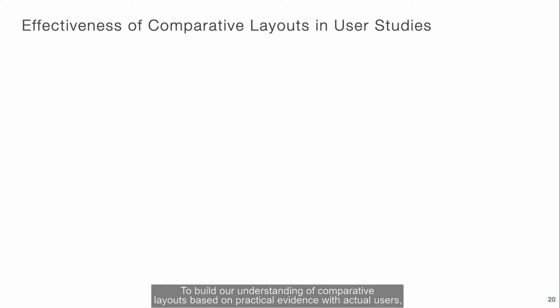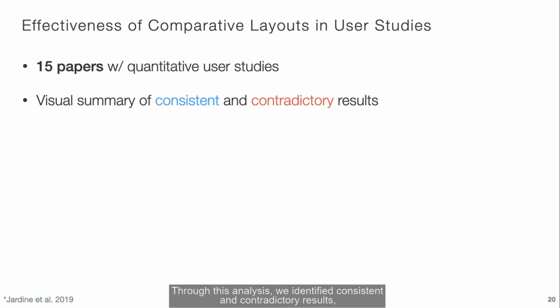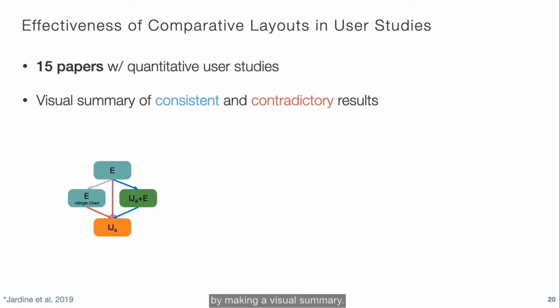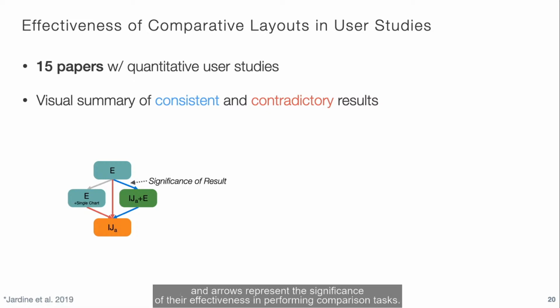To build our understanding of comparative layout based on empirical evidence with actual users, we additionally analyzed 15 user study papers. Through this analysis, we identified consistent and contradictory results by making a visual summary. In this pairwise relation diagram, each node with a different color represents a comparative layout, and arrows represent the significance of their effectiveness in performing comparison tasks.